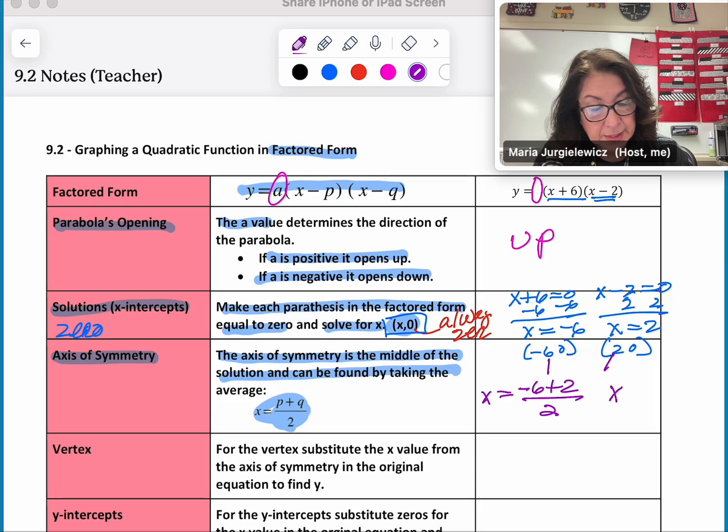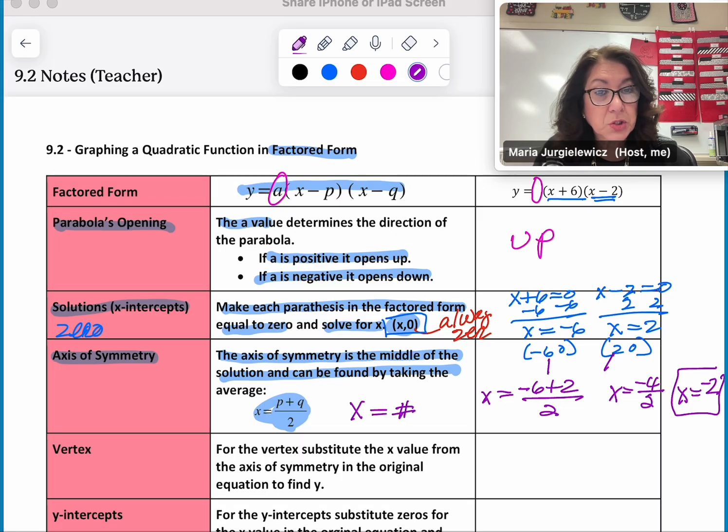So x is equal to negative 4 over 2, so x is equal to negative 2. You need to write it like that. We always have to have it x equal to a number. So it's not just showing the work, it's actually writing it correctly.